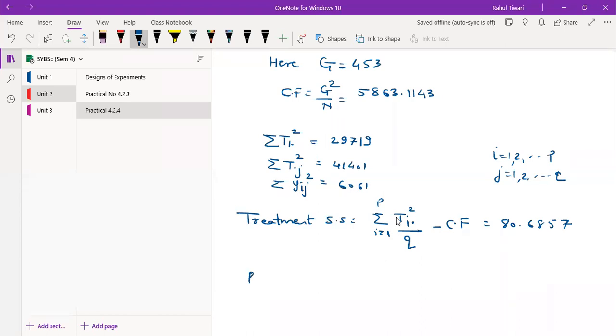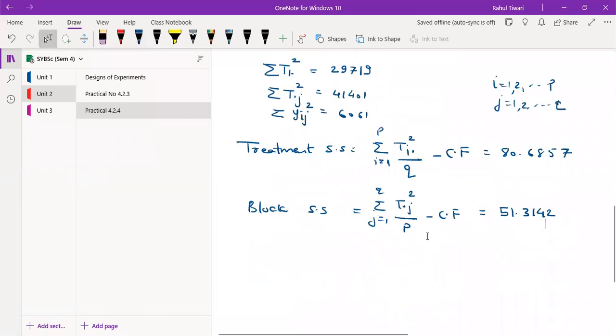Similarly, you can get the block sum of squares, which would be the formula summation 1 to q T dot j square upon p minus C. And this would be 51.3142.